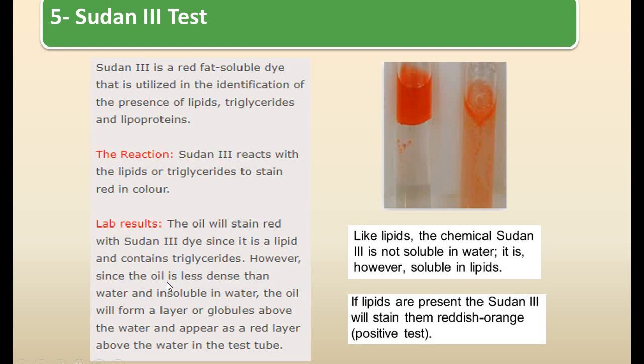However, since the oil is less dense than the water and insoluble in water, the oil will form a layer or globules above the water and appear as a red layer above the water in the test tube. Here is the figure which is showing the positive test for Sudan III test, because lipids are soluble in the Sudan III.